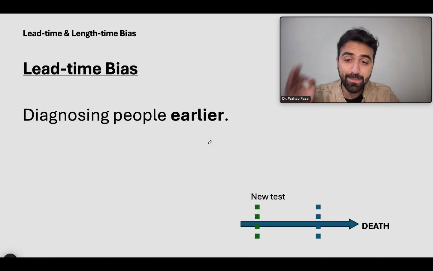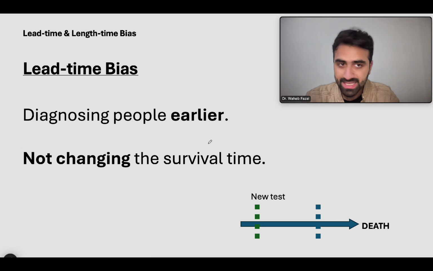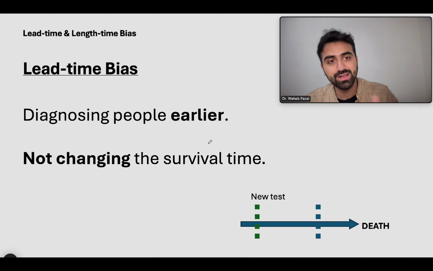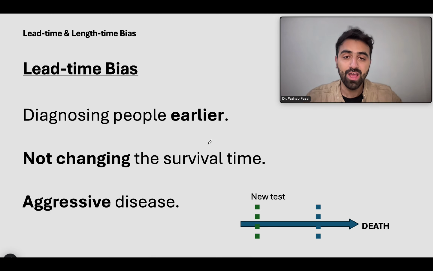When you're diagnosing people earlier with a very aggressive disease, but you're not changing the survival time. You can't do anything for the patient. So you get this false sense of belief that for some reason because we are diagnosing the patients earlier, we're somehow treating the disease as well. We are not. This is an aggressive disease.